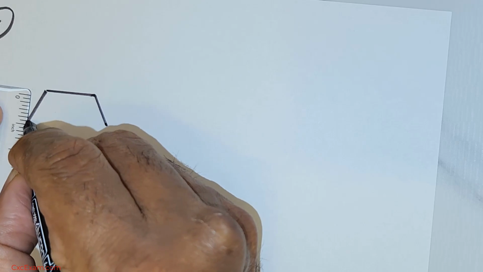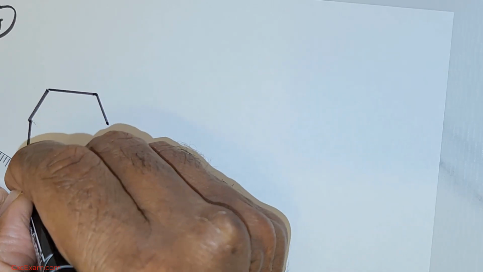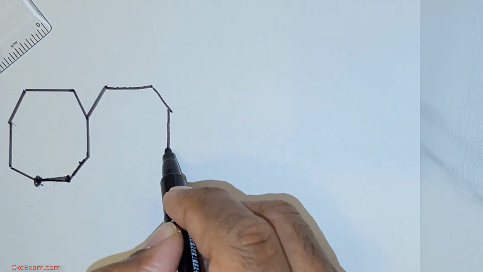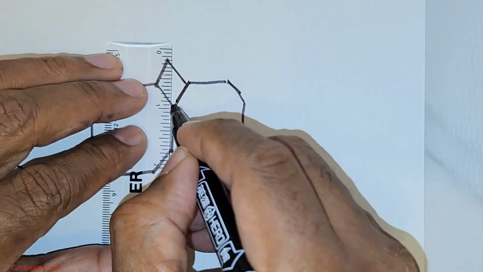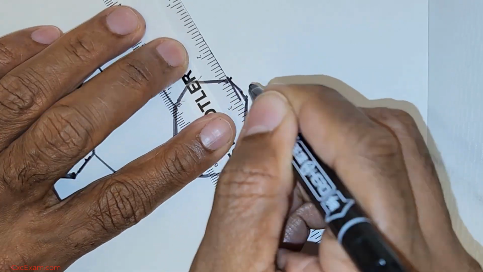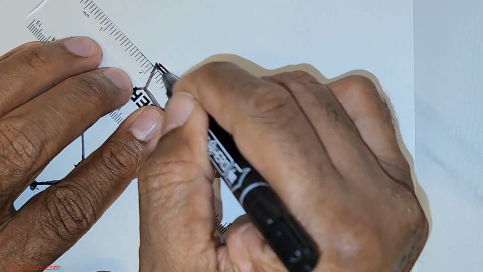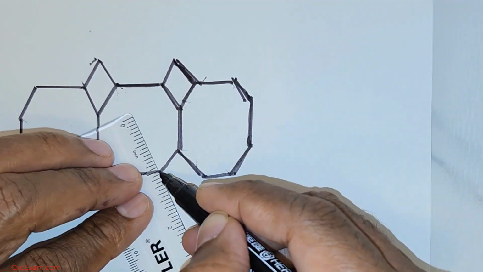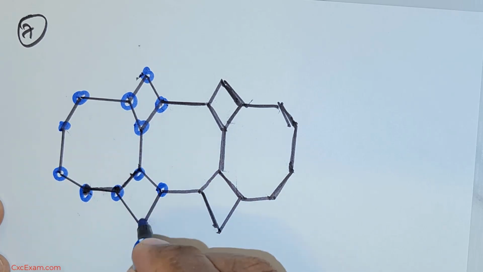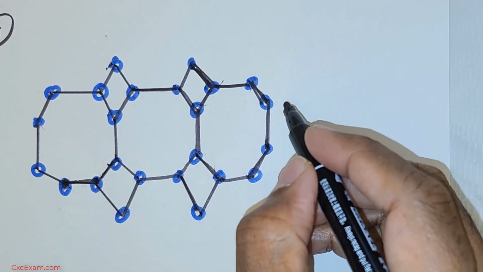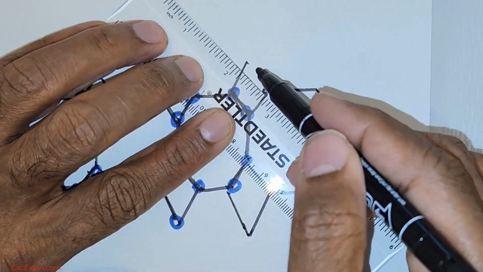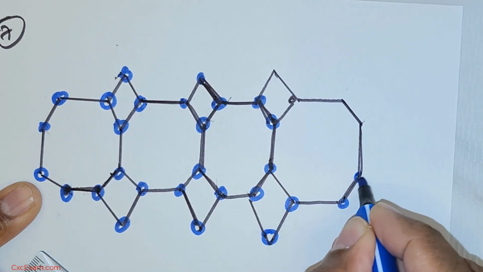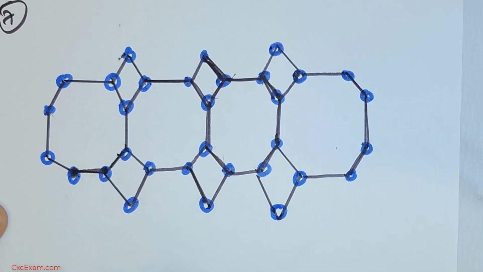So we have a hexagon. This is going to be the next in sequence.